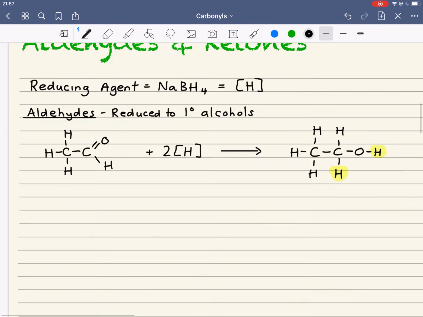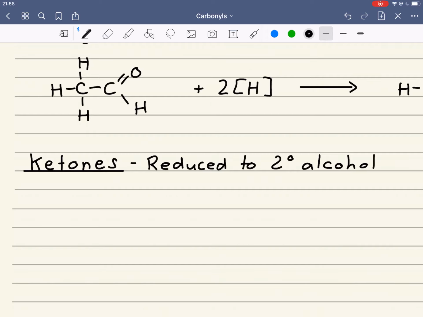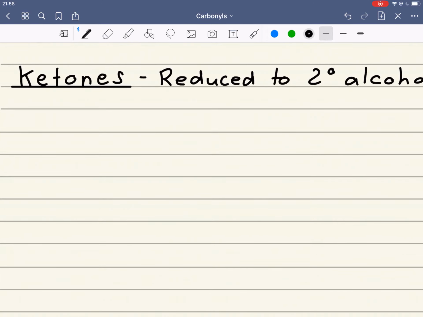Now, ketones, they're reduced to secondary alcohols. And we're going to look at the reduction of propanone.